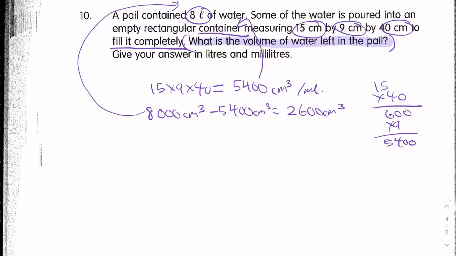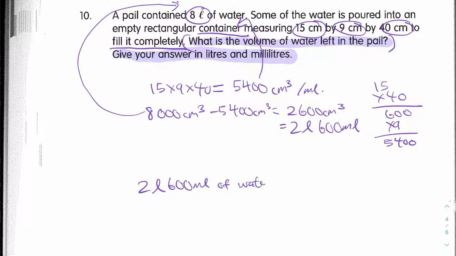But hold up there, give your answer in liters and milliliters. So 2 liters 600 milliliters. So 2 liters 600 milliliters of water is left in the pail. So far so good, I hope.